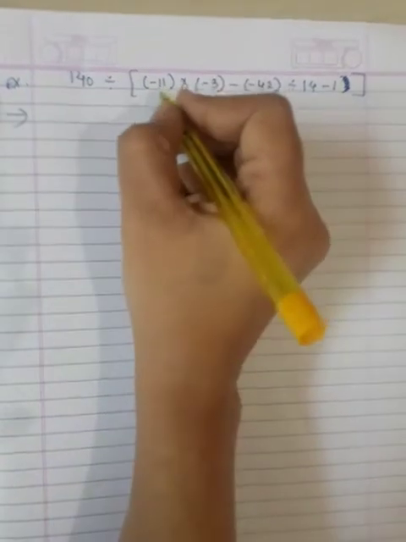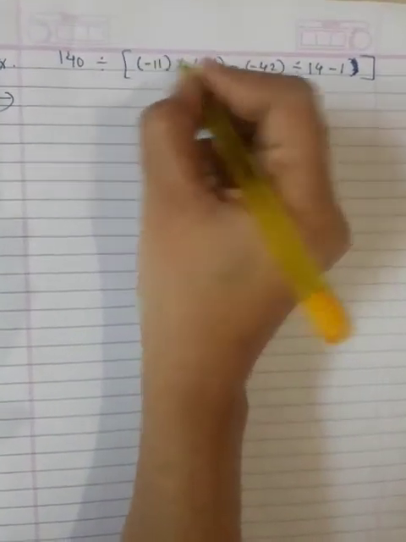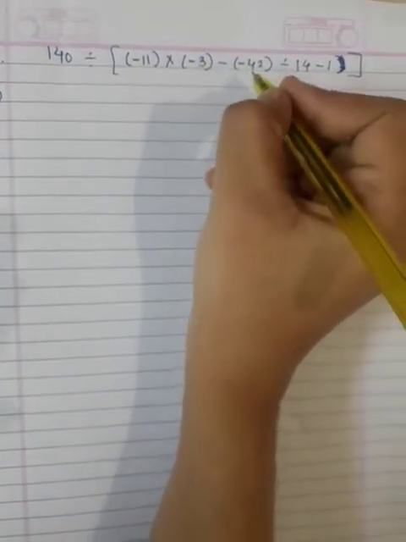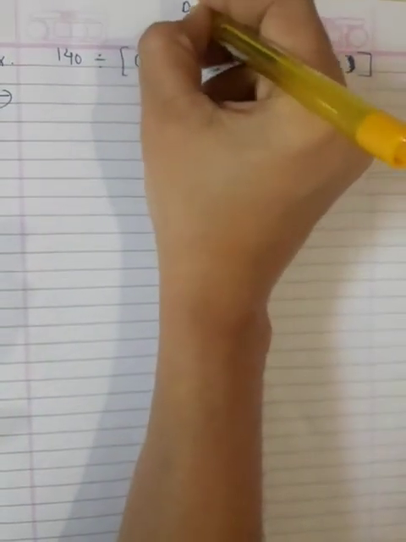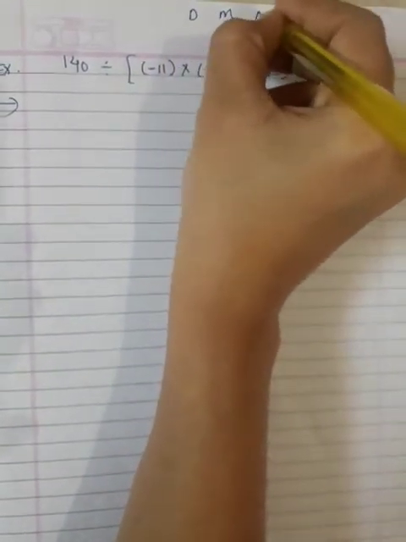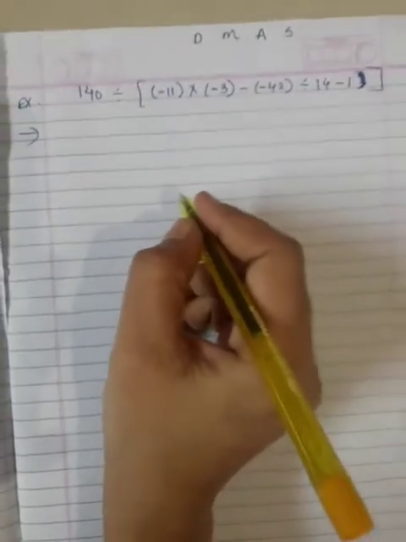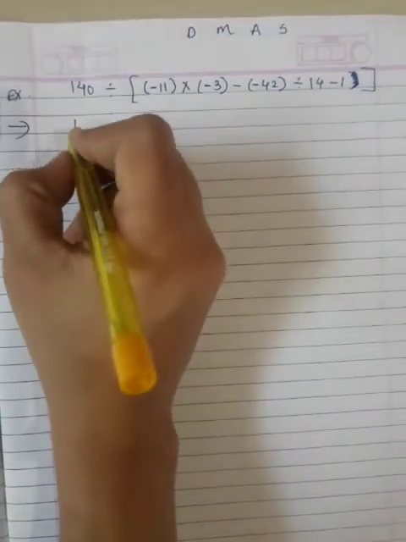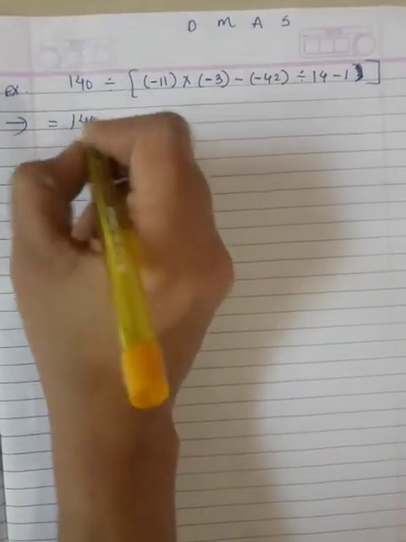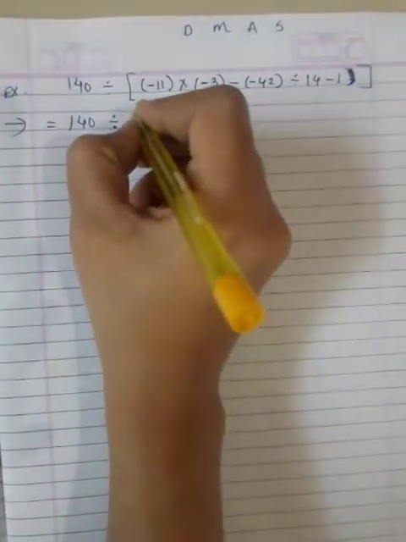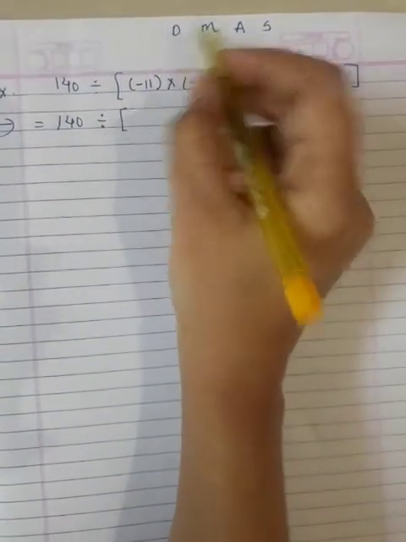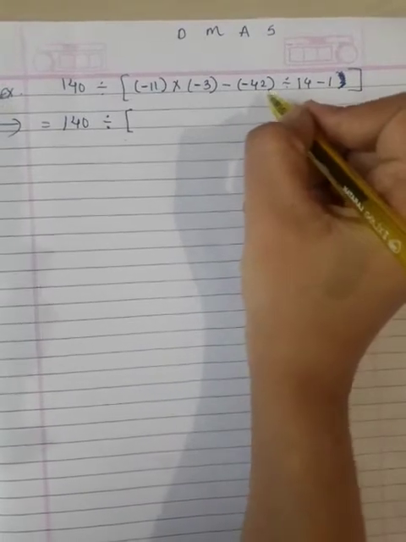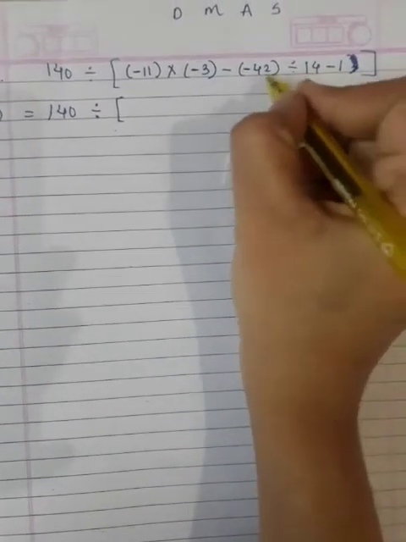Before that we know these are integers, negative integers. Now again we keep this order, first solve division, then multiplication, then addition, then subtraction. So write the remaining term as it is, 140 divided by, first solve brackets. First solve division. There is division between these two numbers.